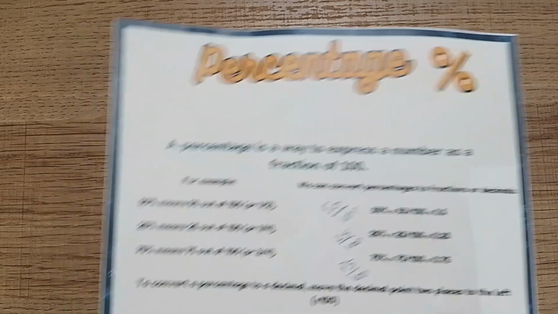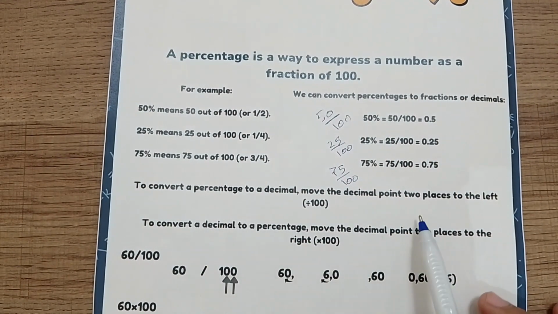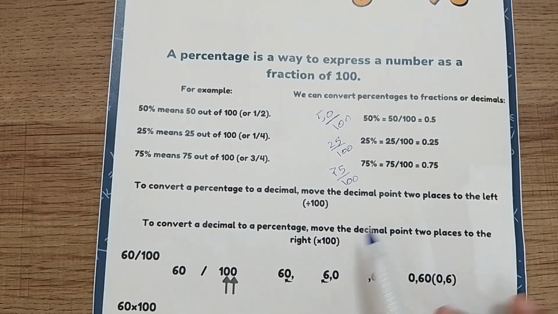So that's all. When you have that number times 100 or divided by 100, you have to follow some steps. To convert a percentage to a decimal, move the decimal point 2 places to the left.